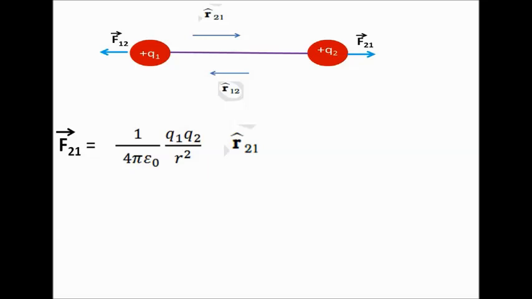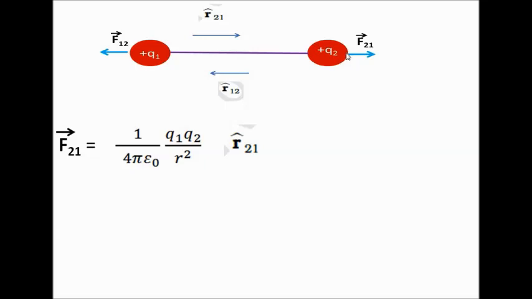And this is the magnitude of force experienced by Q2. This is written with the help of Coulomb's law. Next, to represent the force in vector form, we need to add its direction also. In which direction is F21 acting? F21 is the force experienced by Q2. Q2 is experiencing force along this direction. It is repelled by Q1.